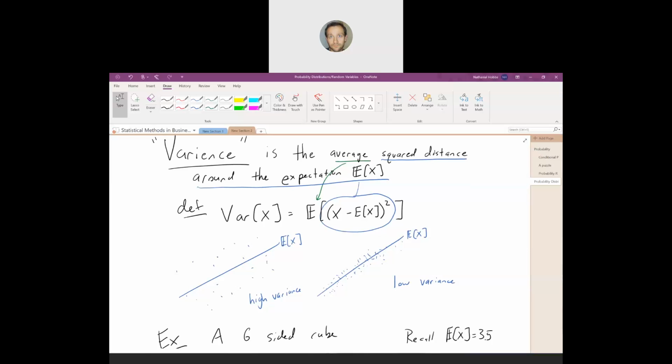So expectation, or the average value by itself, isn't so helpful. I mean, it's good to know what the mean is or what the average is, but knowing the average and the variance, you can have a better picture of what's going on.